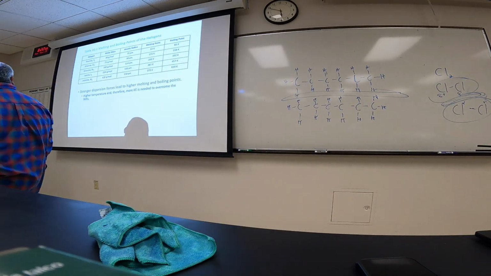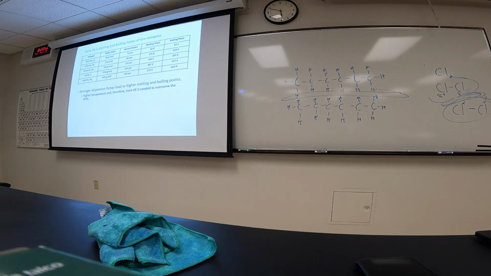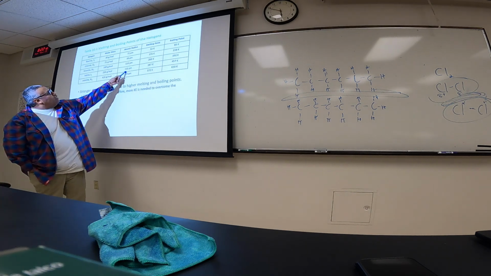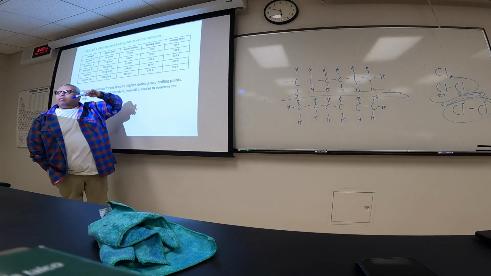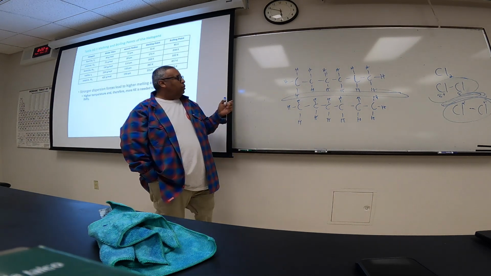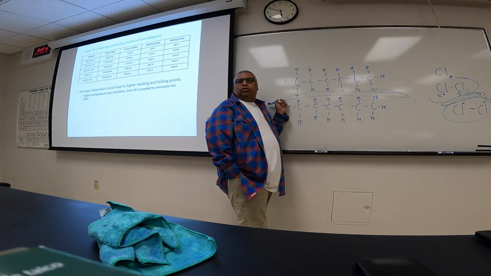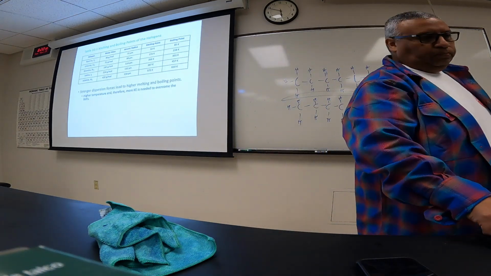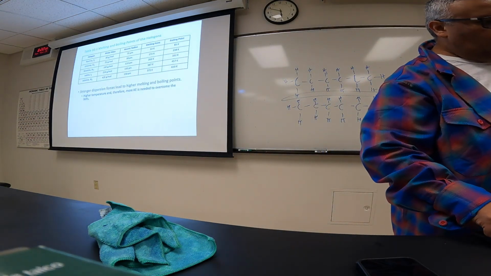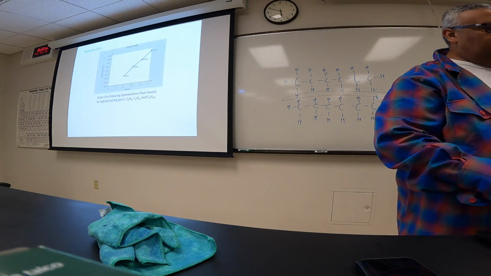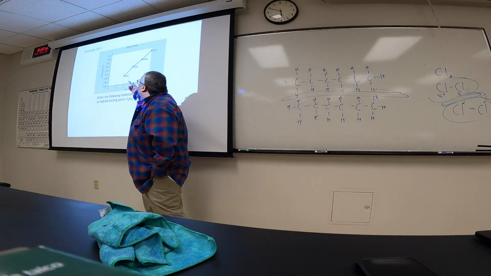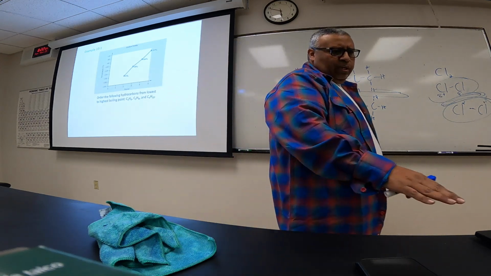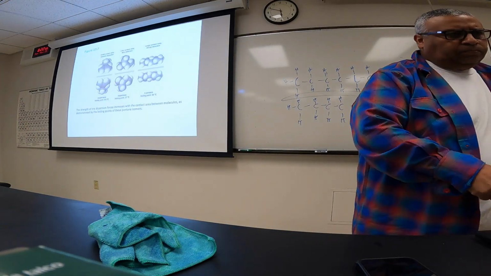So fluorine, chlorine, bromine, as we're going down the periodic table, we're increasing the atomic radius, the molar mass is also increasing, and that's reflected here in that we need a higher temperature in order to overcome and break those intermolecular forces. So stronger dispersion forces lead to higher melting points. We can see it on this graph, but I did want to get to the next one over here.